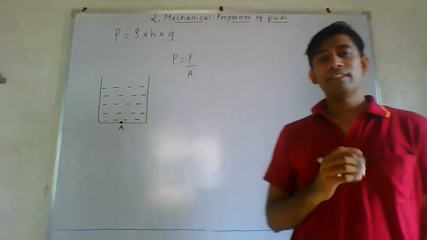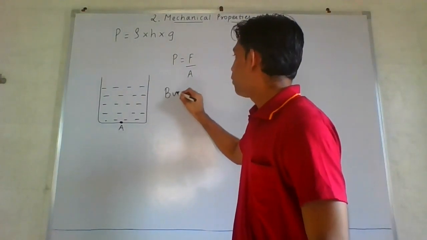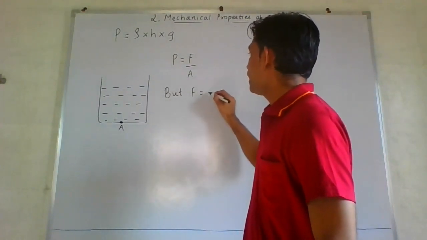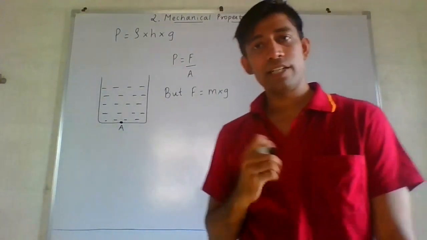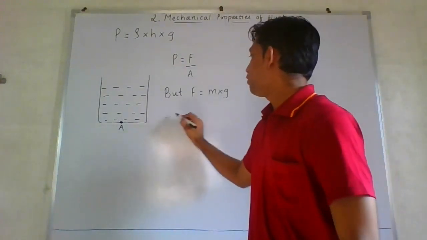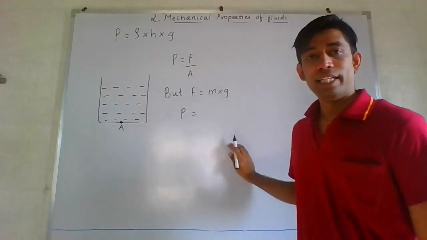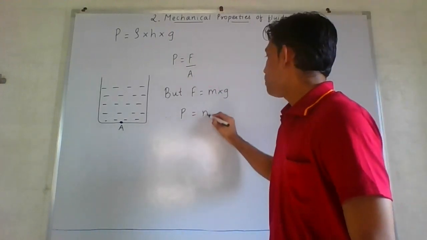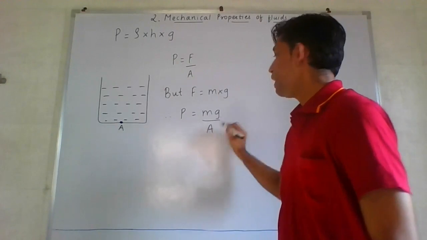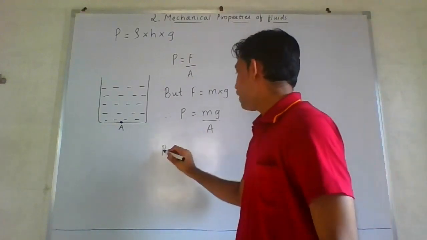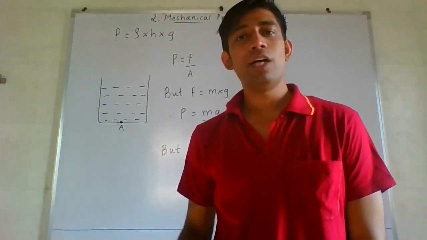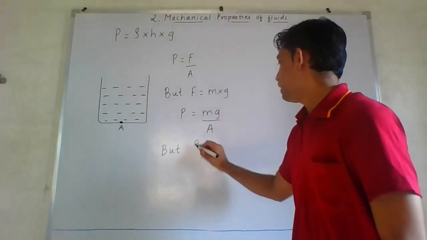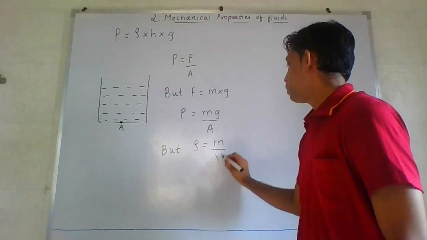In 11th standard we have already studied that force can also be written as m into g, mass into acceleration due to gravity. So therefore, pressure can be written as mg divided by A. Now we know a very basic formula that density is equal to mass upon volume.